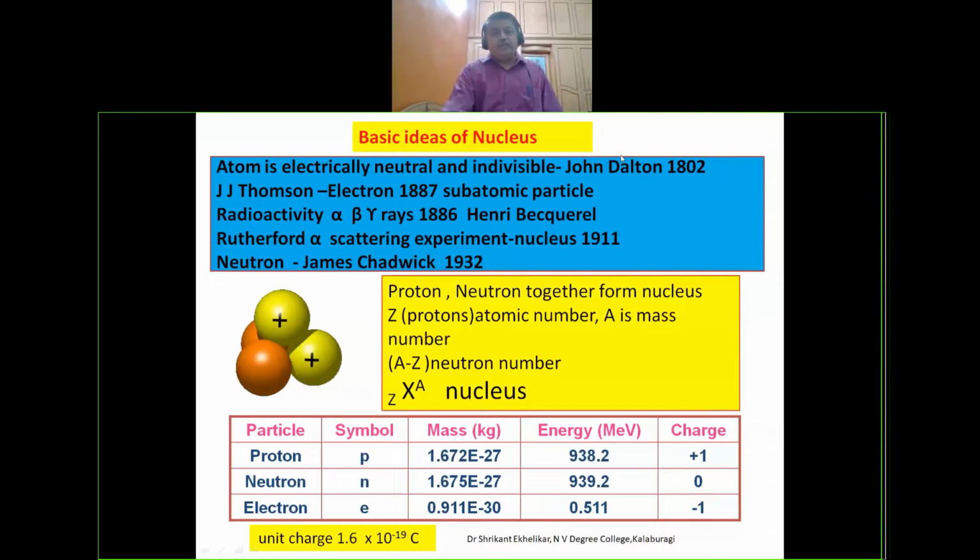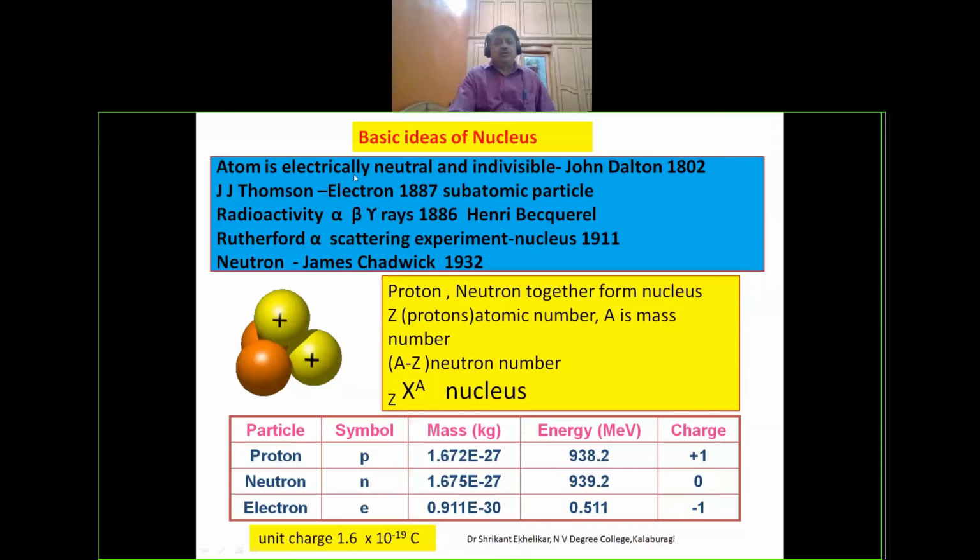This idea of the indivisibility of atom continued till the first subatomic particle was discovered by J.J. Thomson in the year 1887. The first subatomic piece of atom, the first part of atom, is the electron.